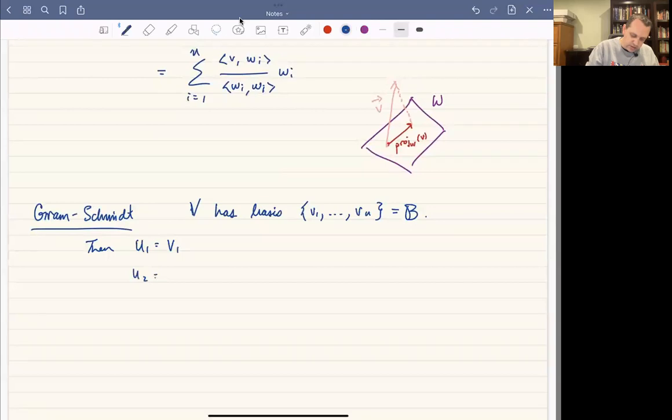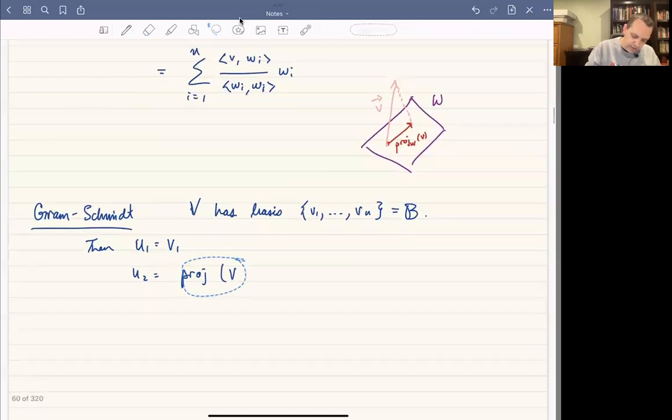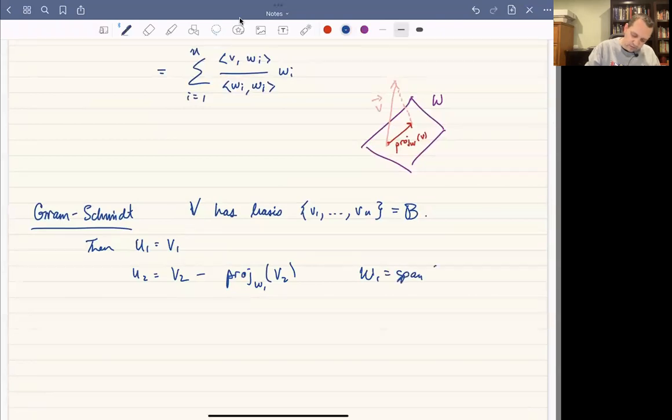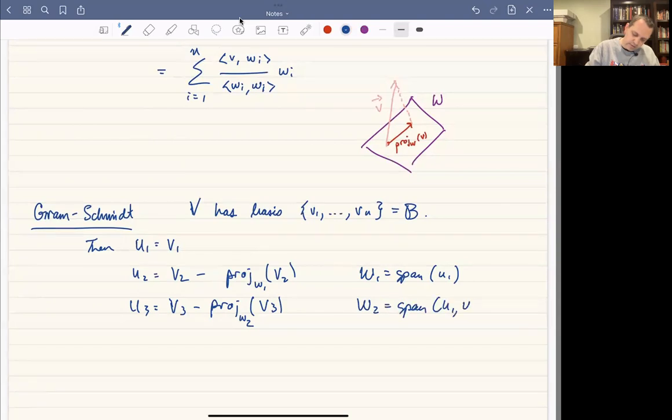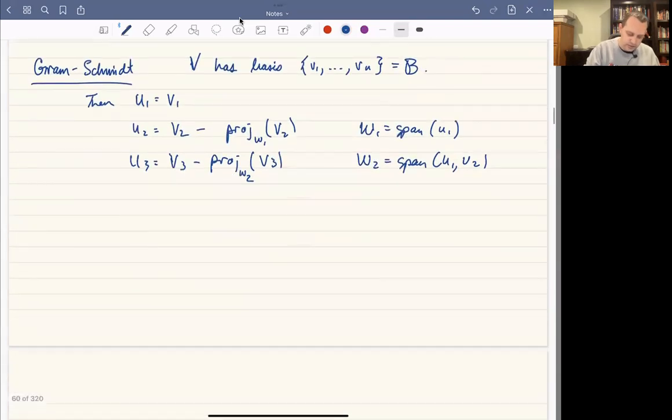U2 is going to be V2 minus the projection of V2 onto W1, where W1 is the span of U1. U3 is going to be V3 minus the projection of V3 onto W2, where W2 is the span of U1 and U2. And then you keep repeating this process.